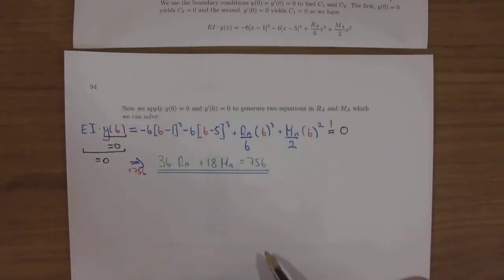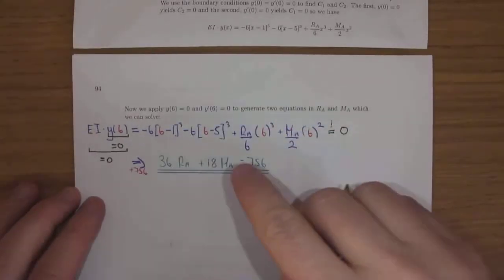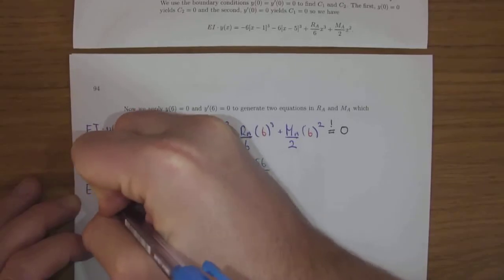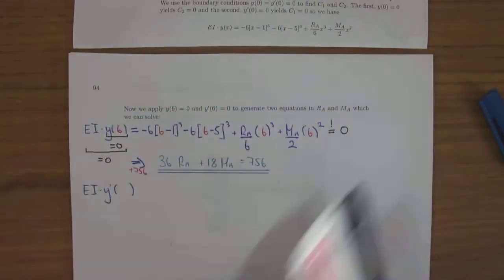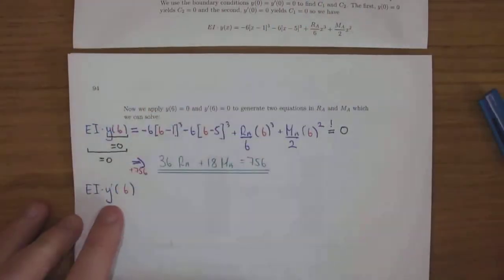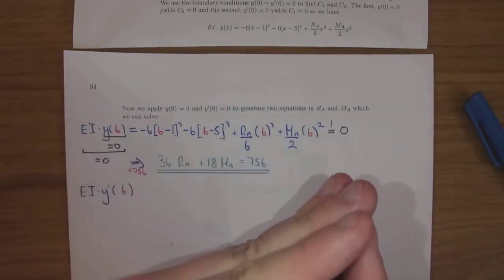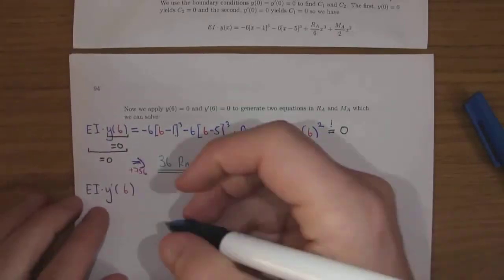The other one is that the slope at 6 is equal to 0. So similar story, EI times the slope at 6. Now, slope at 6 is the slope here. It's not like positive, like simply spotted, it's 0.